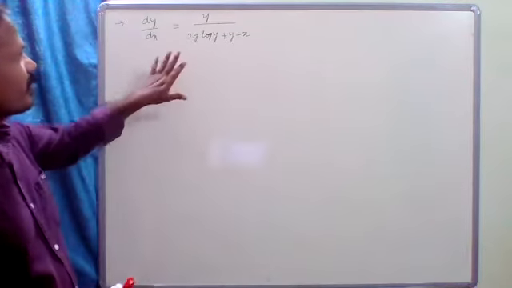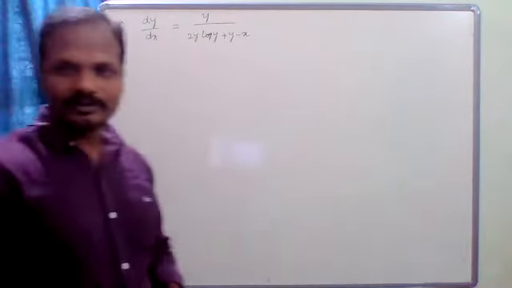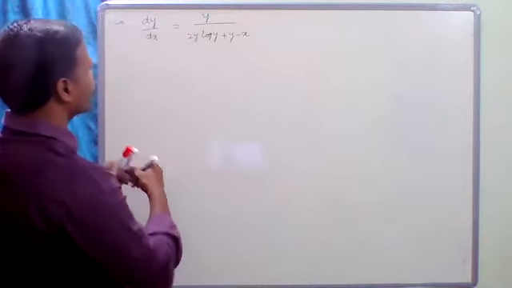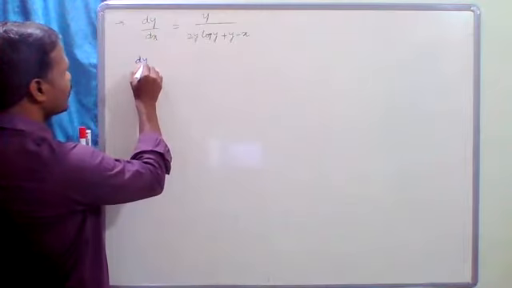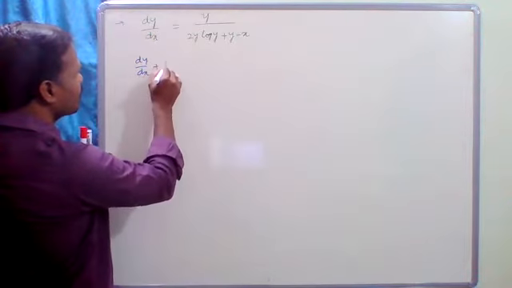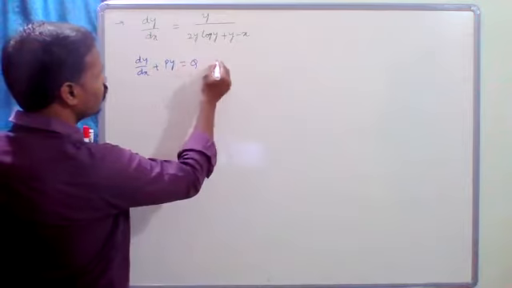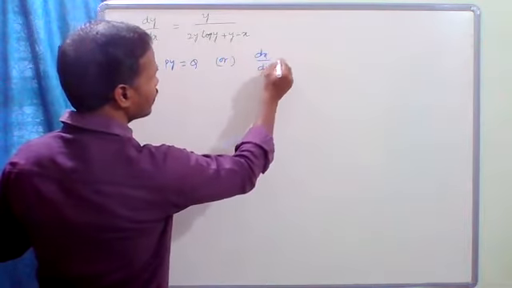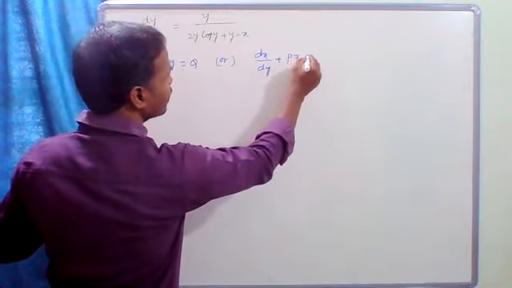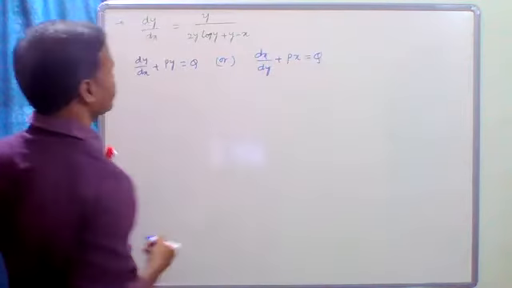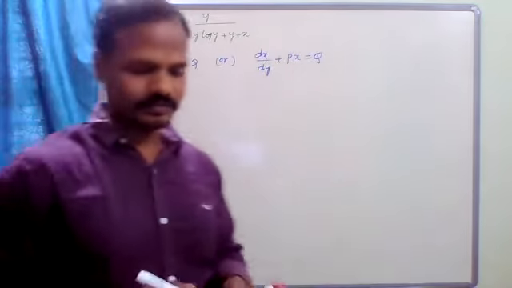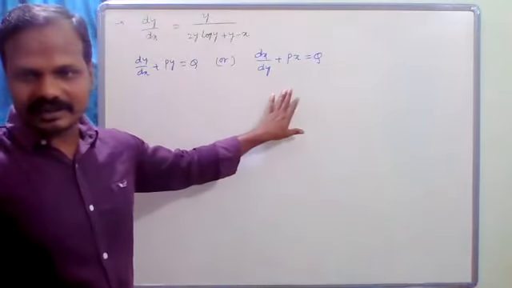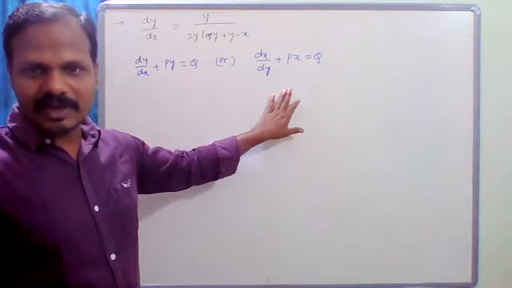So tell me, in which form is this? Is it in the form of dy by dx plus Py equals Q, or dx by dy plus Px equals Q?